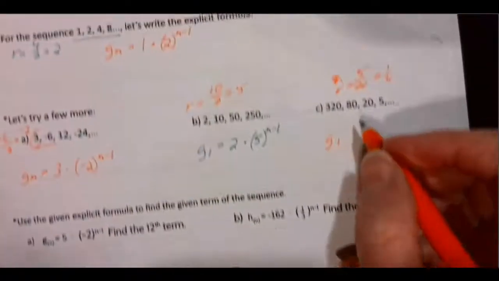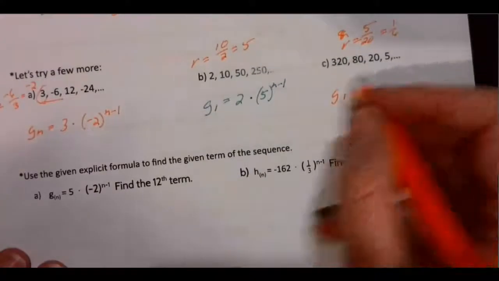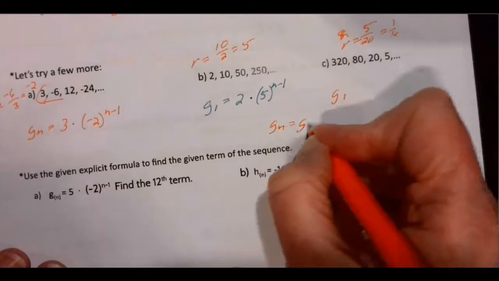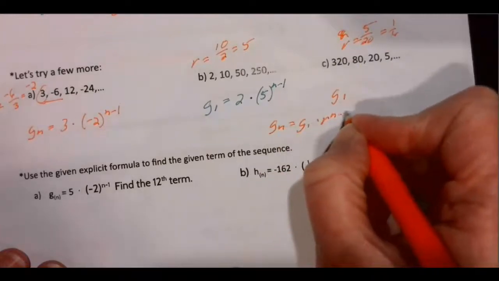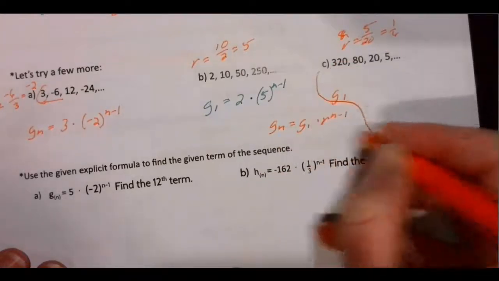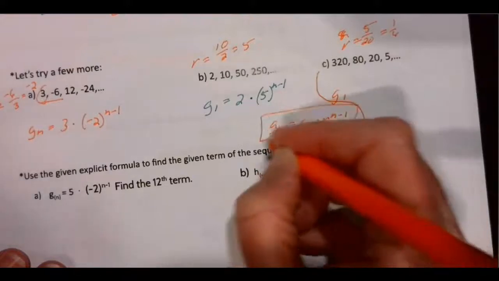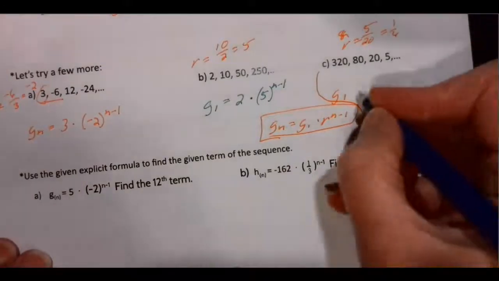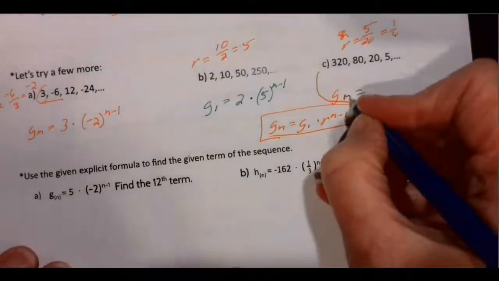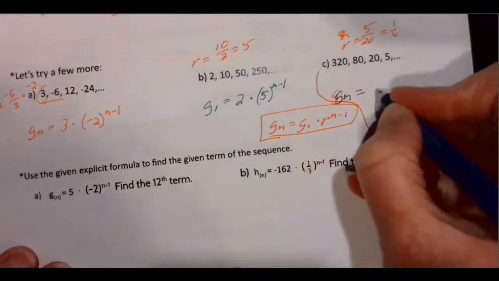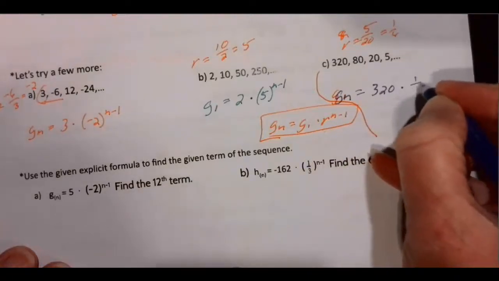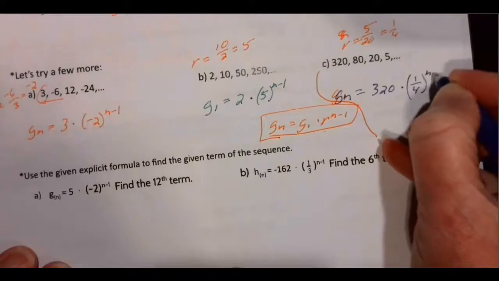Oh, I wasn't doing what I always preach to you guys to do. We should write our formula down. G sub n is equal to G sub 1 times the ratio to the n minus 1. I should have been writing that down for every single problem. The good news on this test, you get to have a note card, so that makes it nice. Okay, so g sub n is equal to g sub 1, which is 320, times the ratio to the n minus 1.